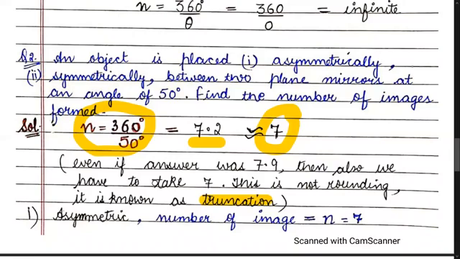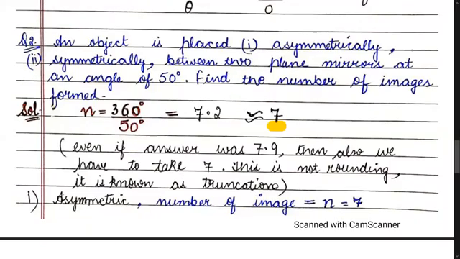So even if the value of n was 7.9, we would still take the value as 7. Don't take it as 8, because we are not rounding, we are doing truncation. So here the value of n will be taken as 7, which is of course an odd number.